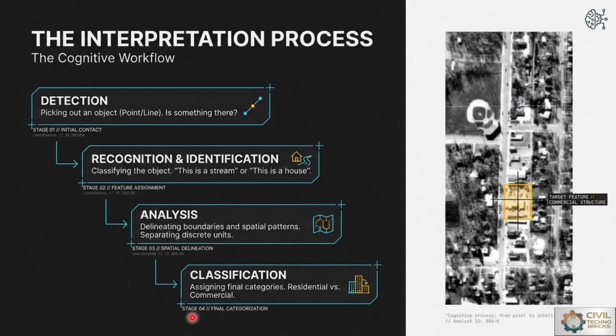At the end, we have stage 4, the final categorization, which is based on some classification tools where we assign final categories, just like residential, commercial, non-residential, agricultural or industrial.